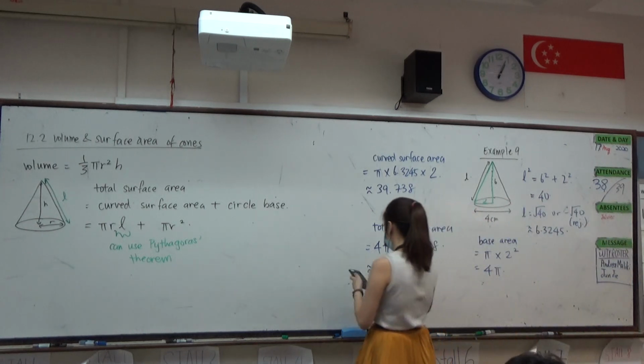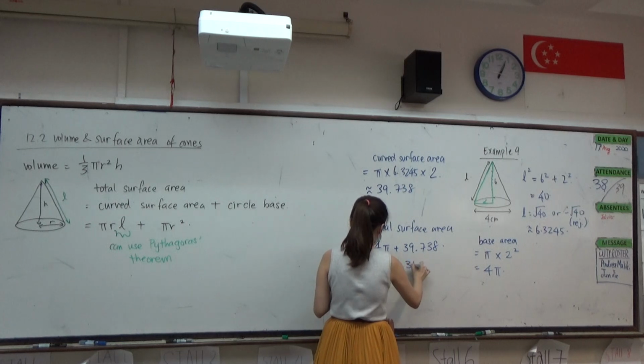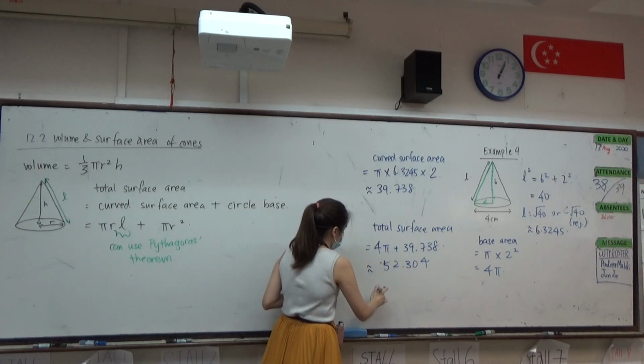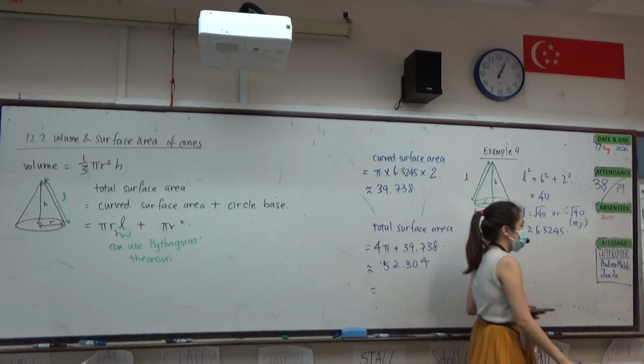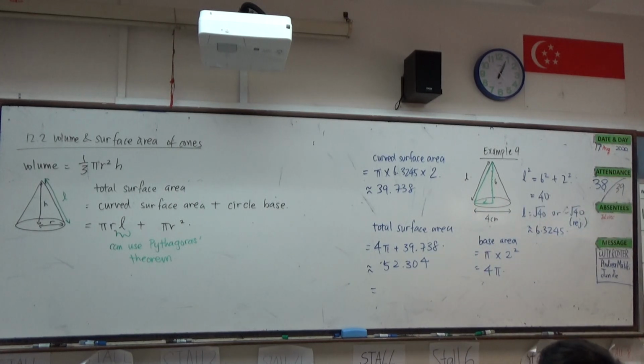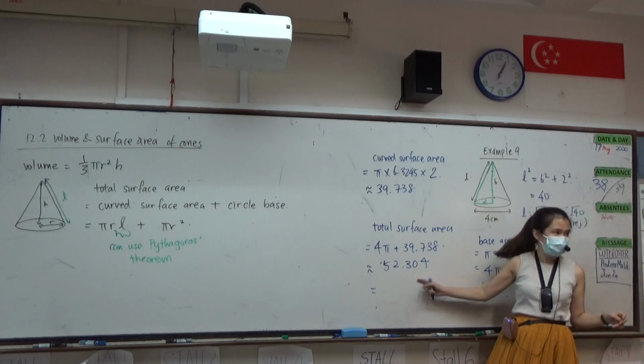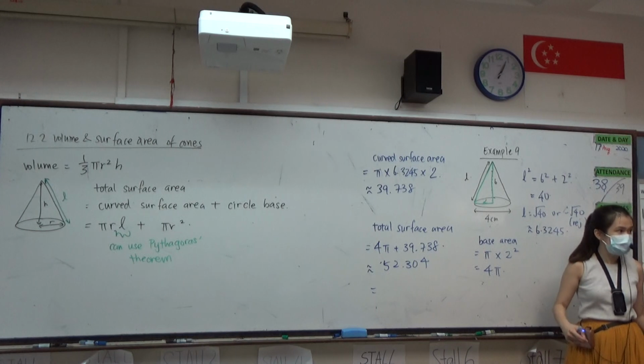We get about 52.304. Round off to 3SF. What is the answer in 3SF? Only press calculator. The number there is 52.304.